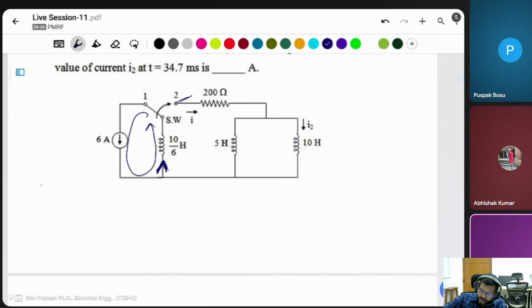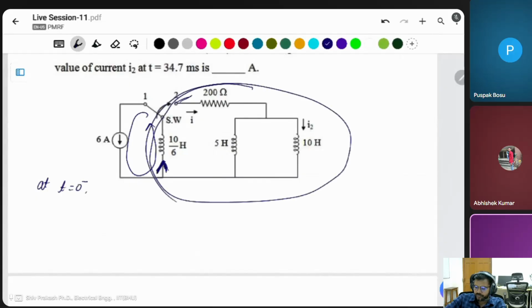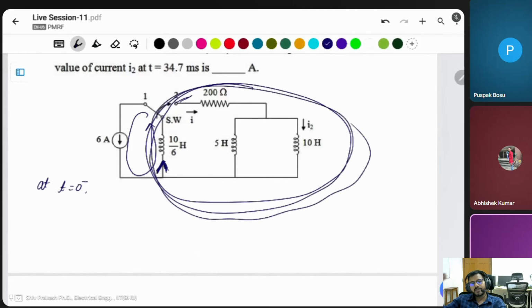Let's try for t is equal to 0 minus. After t is equal to 0, you can see there is no source. If there is no source, it means that at t is equal to infinity, the inductor current will be 0. No need to check the circuit, no need to draw a circuit, simply you can write 0 because there is no source available after t is equal to 0.